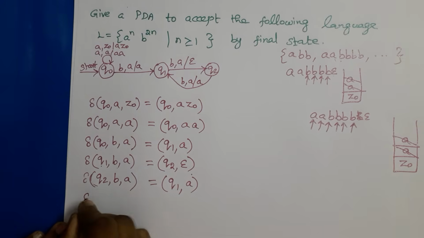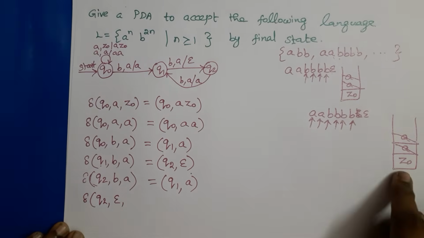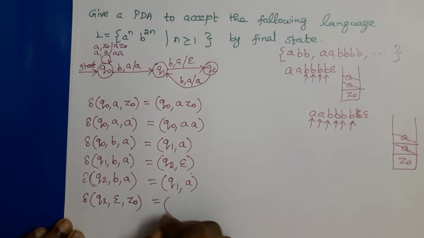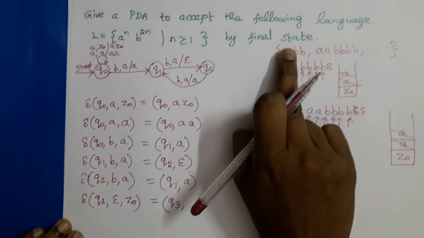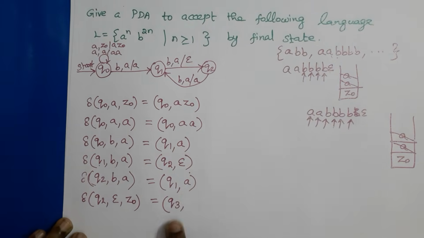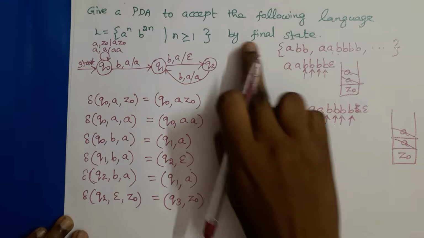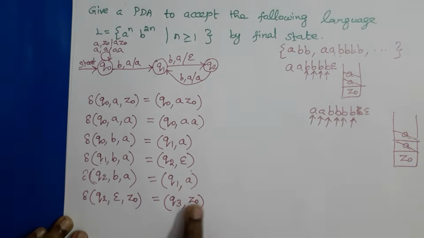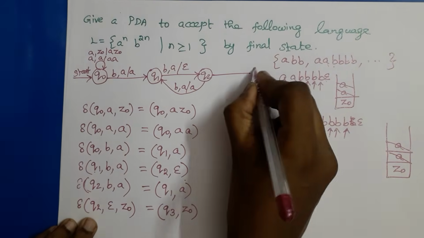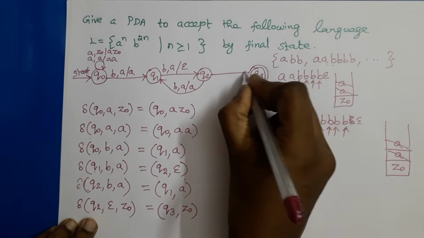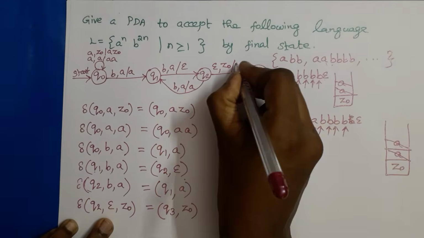In state Q2, if epsilon is the input and the top of the stack is Z0, we can go to the final state Q3, because we need to construct the PDA by final state. So there is no need to pop this Z0. If acceptance by empty stack were given, we would just write epsilon. So Q2 to Q3, and Q3 is a final state. The edge is labeled by epsilon comma Z0 slash Z0.